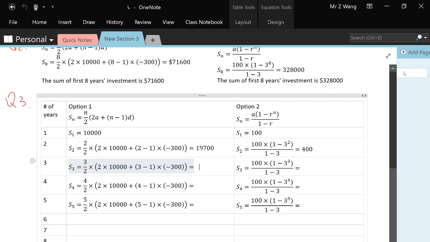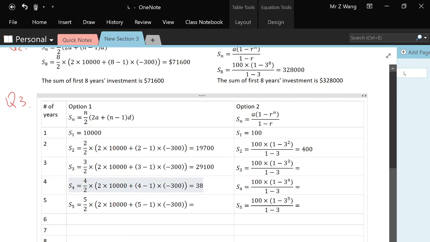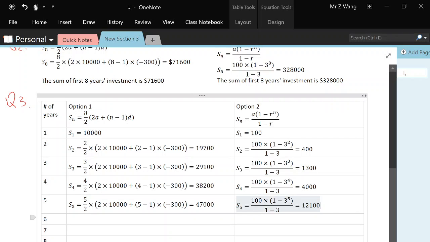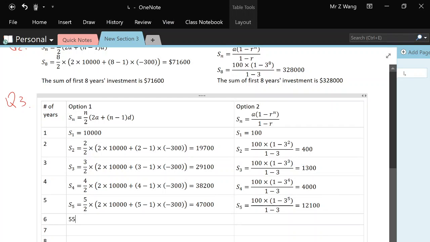This is 29,100, and this is 38,200, and this is 47,000, right? And then this is 1,300, this is 4,000, and this is 12,100, and lastly year 6. I'll just directly write down the number as 55,500 and 3,640, right?